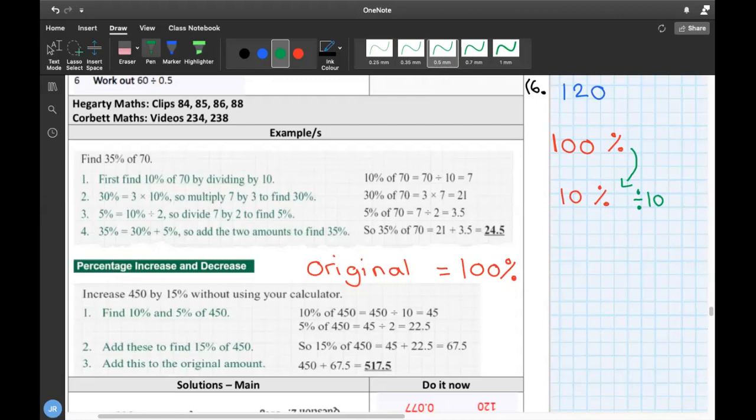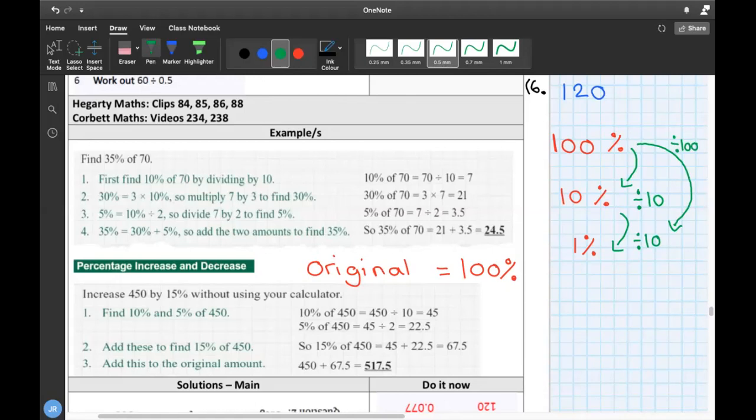So whatever your original amount was, if you wanted to find 10%, you need to divide that by 10. What about 1%? Now, if you already had 10% and you wanted 1%, you need to divide by 10 again. If you started with 100 and wanted to go straight away to 1%, there you divided by 100.